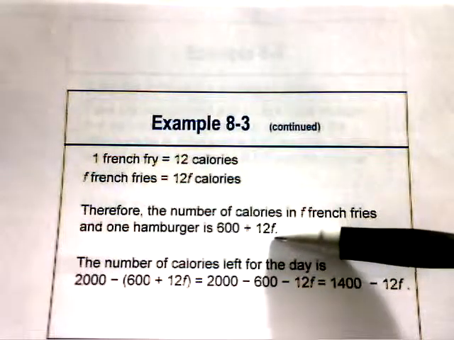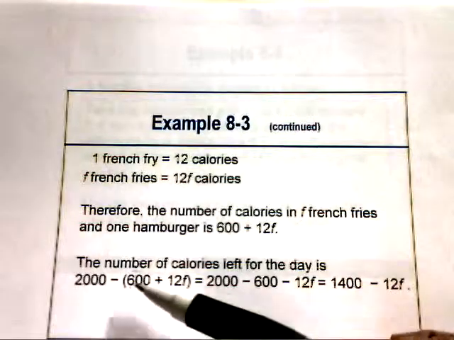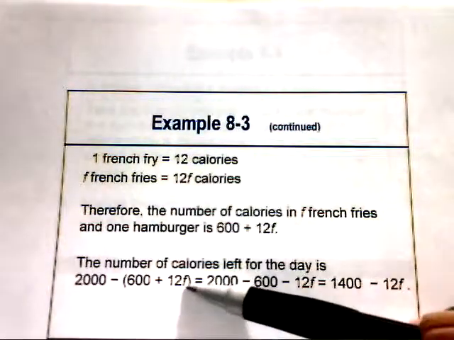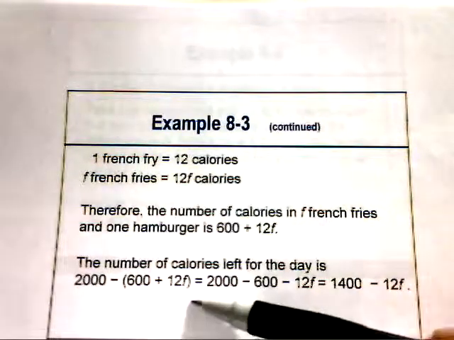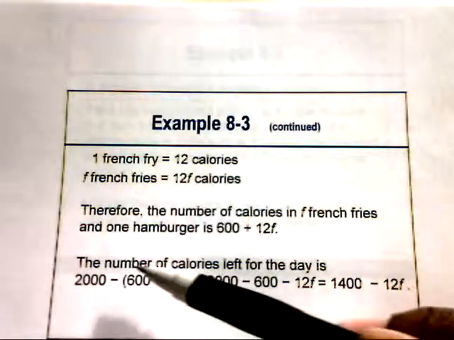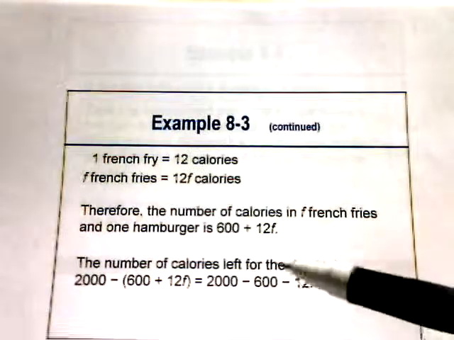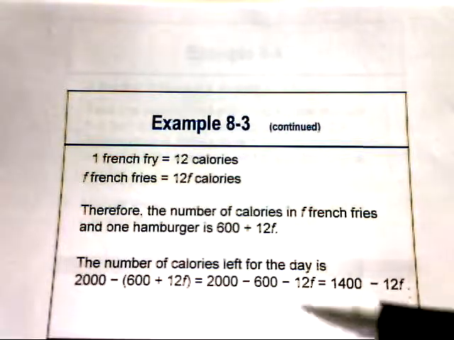And then the number of calories left for the day, we'll take that 2,000, we're going to subtract from it this whole expression, 600 plus 12F. Notice that the 600 plus 12F is inside the parentheses. Thus we're subtracting the whole expression from 2,000. And that minus sign makes the 600 negative 600, and makes the 12F minus 12F.